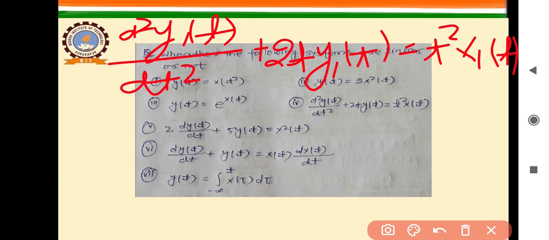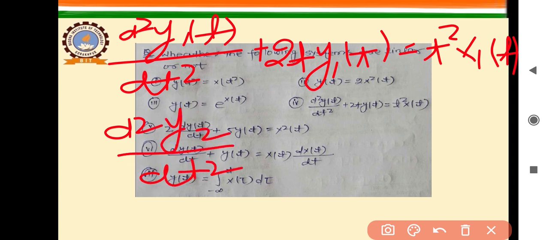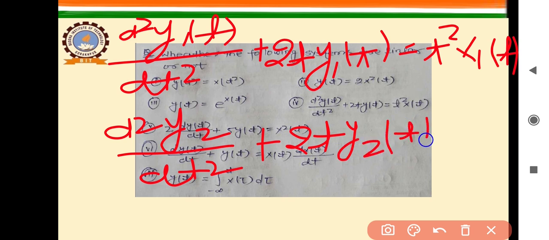Again I will write d square y2(t) by dt square plus 2t y2(t) is equal to t square x2(t).